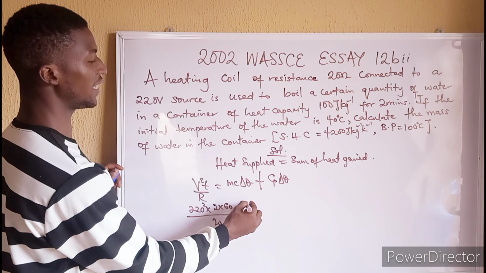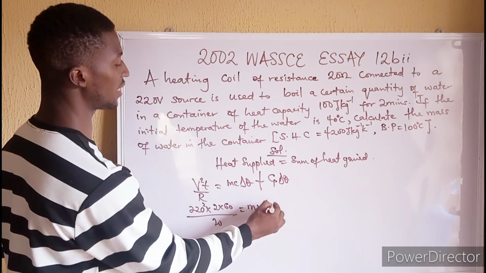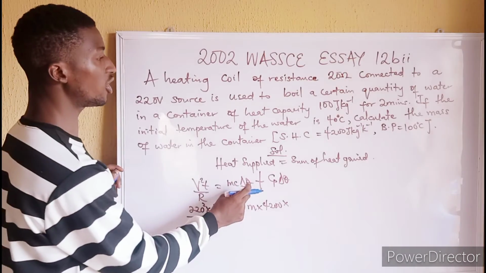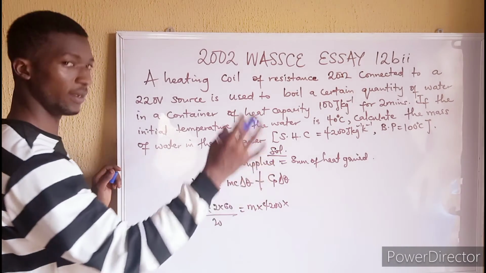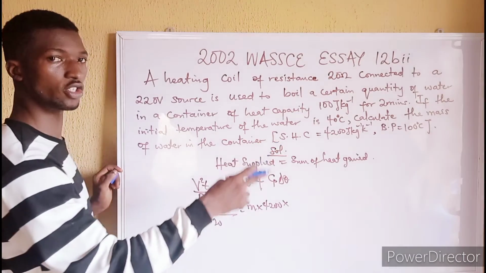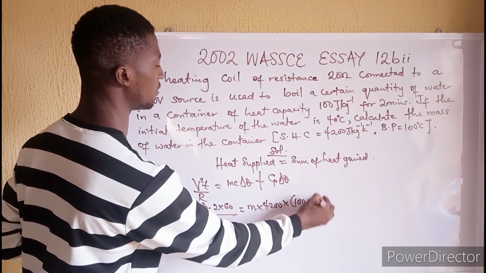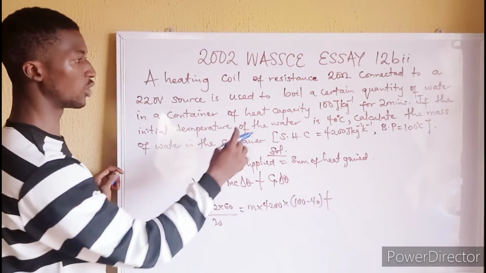The mass which you have here is said to be unknown times the specific heat capacity of water, which is 4,200, times the temperature change. The temperature change here is from 40 degrees Celsius to the boiling point, and the boiling point has been given in the question to be 100 degrees Celsius. Therefore we have it to be 100 minus 40, plus the heat capacity of the container.